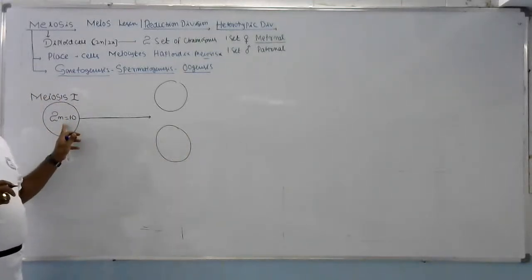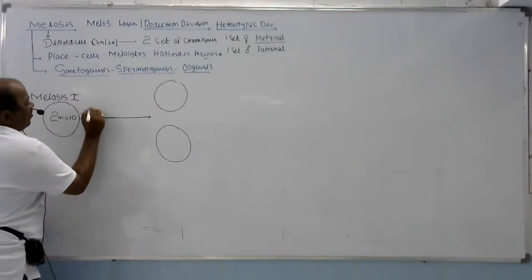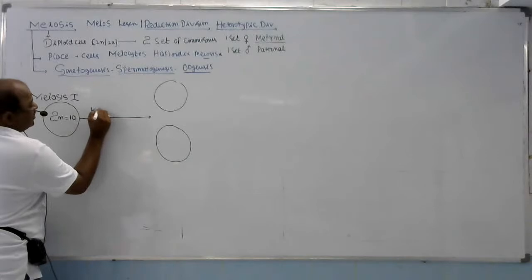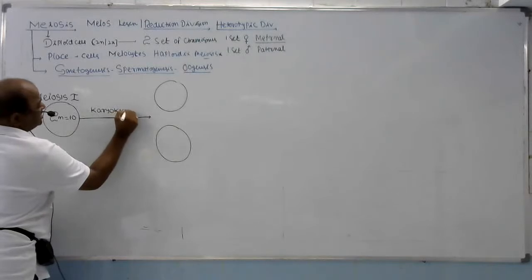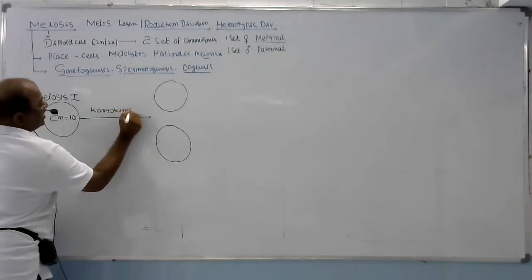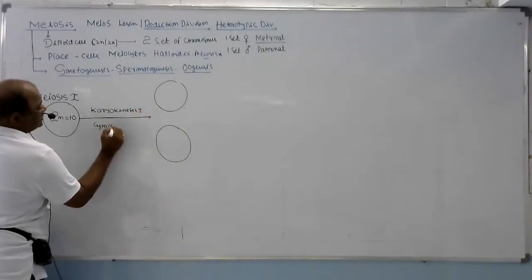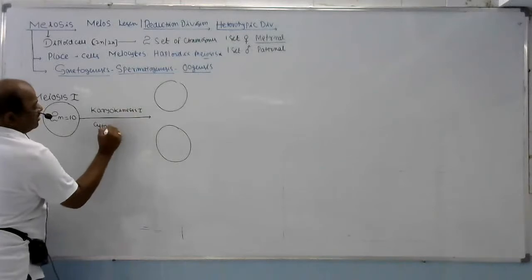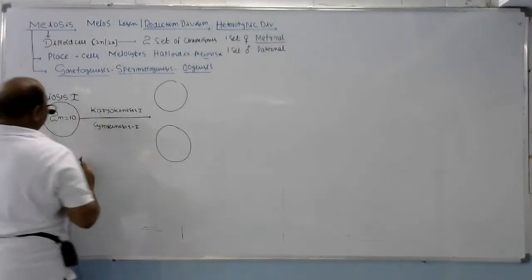During this process, in meiosis the nucleus is divided twice. The first division of the nucleus is called karyokinesis 1. After that, the cytoplasm is also divided, and this process is called cytokinesis 1.